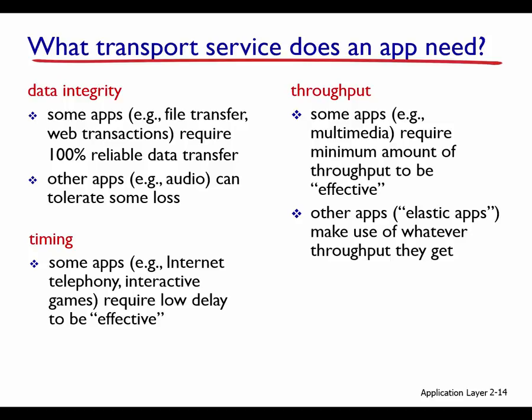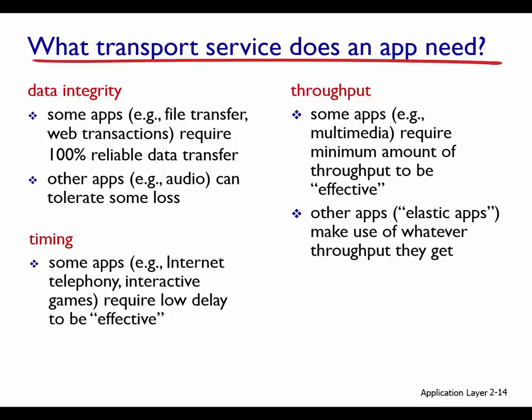However, if I'm playing an online game, or I'm on the phone, or I'm streaming a Netflix video, timing becomes important. If I talk to somebody and it takes 30 minutes to get the response back, that's not going to cut it. So the usefulness of the application has different timing requirements. It's kind of the opposite of data integrity.